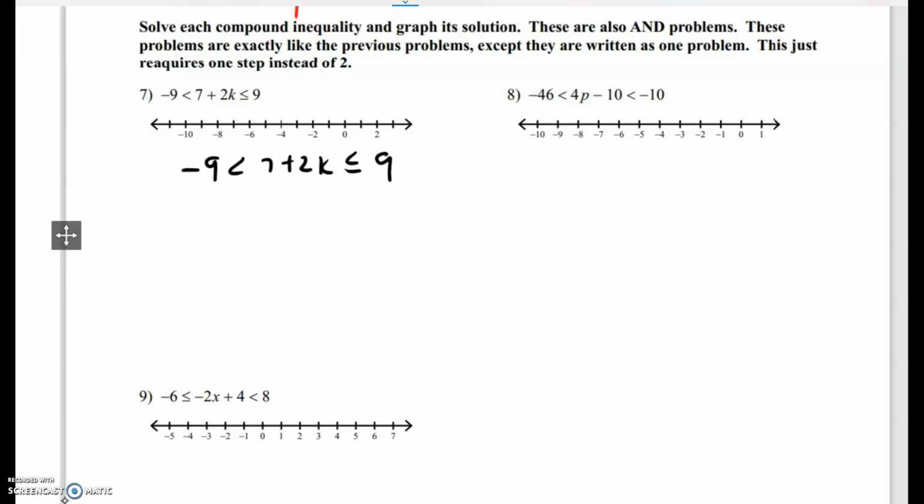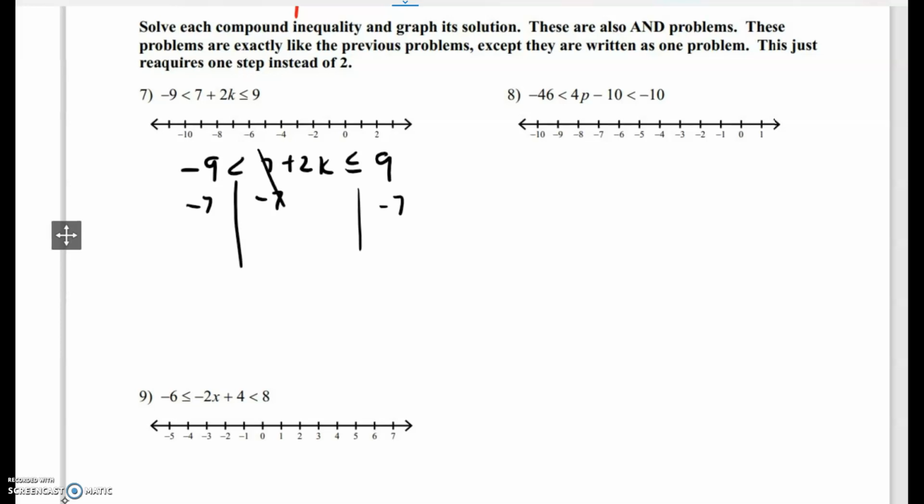So I want to first get rid of the 7. I don't want a 7 with that k, so I want to move it. So I'm subtracting 7, but I have 3 sections to subtract it from: the middle, the left, and the far right. Because remember, these are 2 inequalities together making 1.